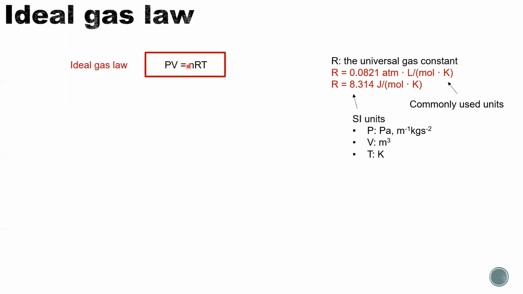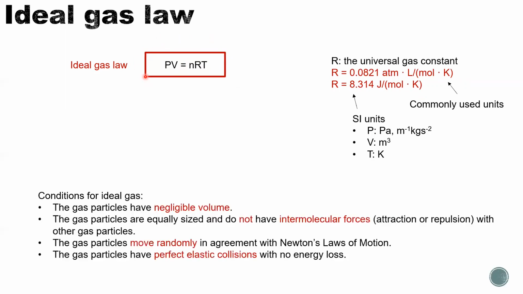Anyway, this PV equals nRT describes an ideal gas behavior, and it's called the ideal gas law. So what is an ideal gas? Not like normal gas you will see. Ideal gas is very ideal. The gas particles have negligible volume, so basically you can think of each as a single point.